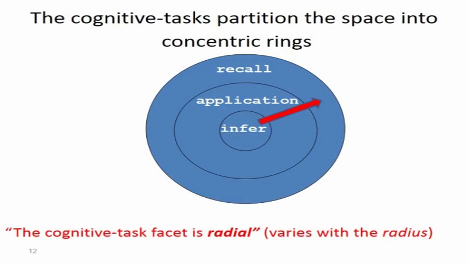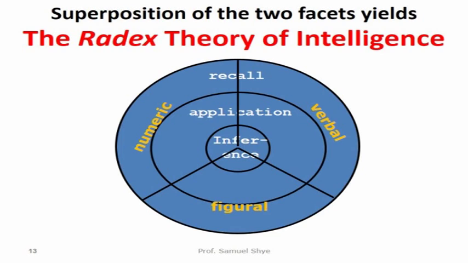In such a case, the cognitive task facet is said to be radial. Why? Because it varies with the radius. Superposition of the two facets yields the radix theory of intelligence due to Guttman, with its 9 regions, as you can see.